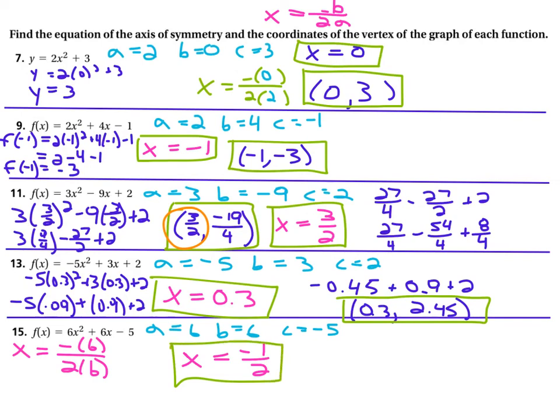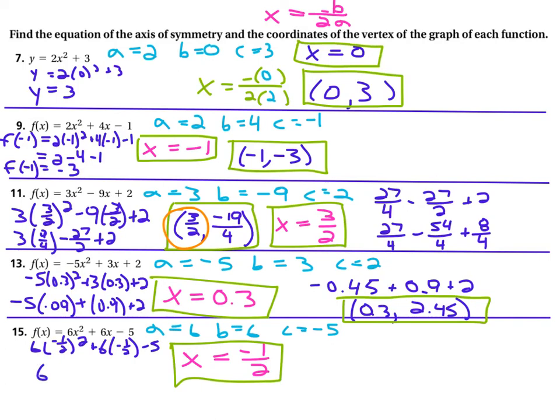And we need to now plug it in to see what it spits out for our y-coordinate. Okay. I'm a little short on space here, but we've got 6 parentheses negative 1/2 squared plus 6 times negative 1/2 minus 5.